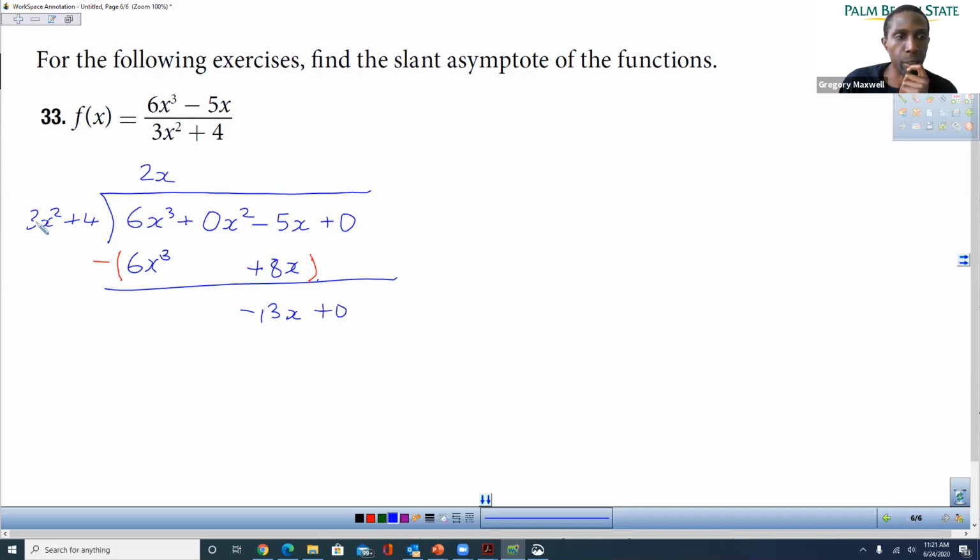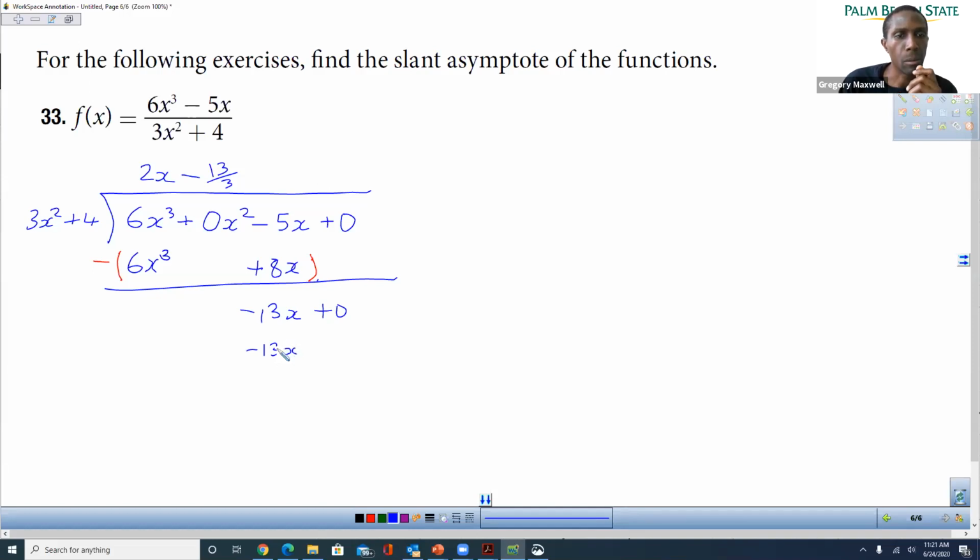And then 3x squared into 13x is... let's just make sure I have this right. 2 times 4 is 8, yeah.